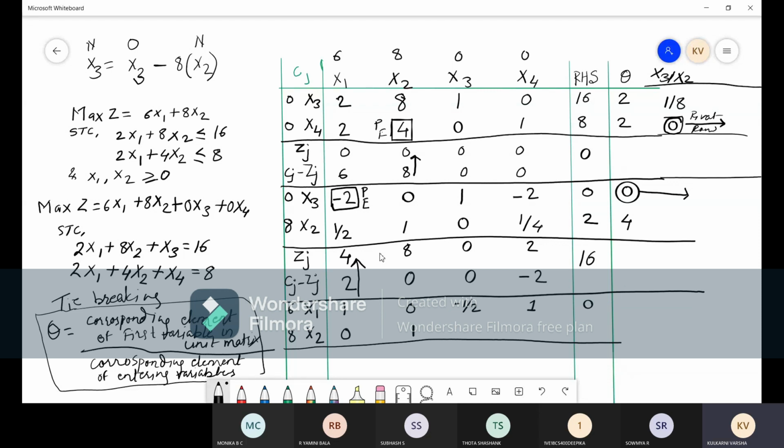Now concentrate on this 0 because we want 0 over here. And how will we get this 0? We have this 1, we have this half, right? If you multiply this 1 by half and then subtract it from this half, you will get 0, right?